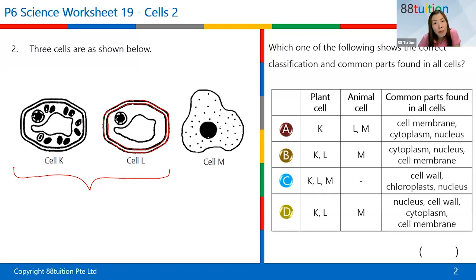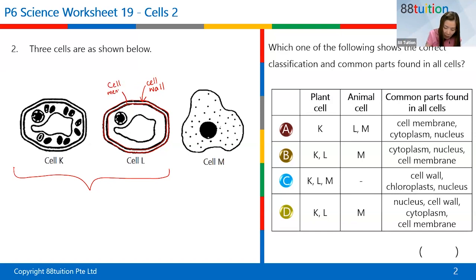If you've forgotten how to identify, don't worry. That's why we are doing revision today, right? Our revision serves to bring back all this information to you. Because of the extra outer layer, this will be the cell wall. And the inner one, what do you call this?